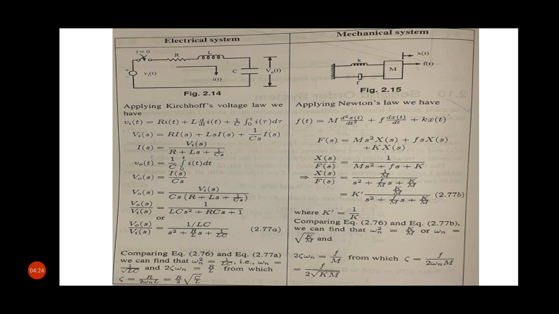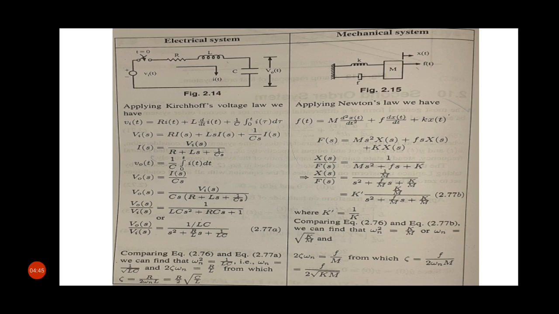After rearranging, we can write V0(s) by V i(s) equal to 1 by L C divided by s square plus R by L into s plus 1 by L C. So this is the transfer function of this electrical second order system.